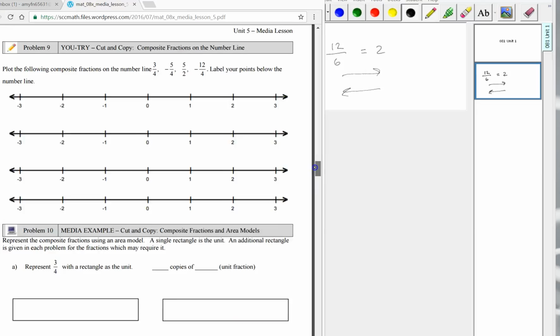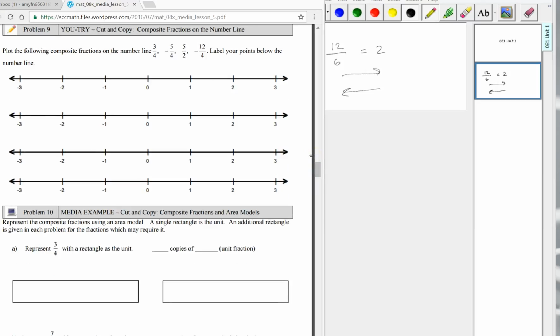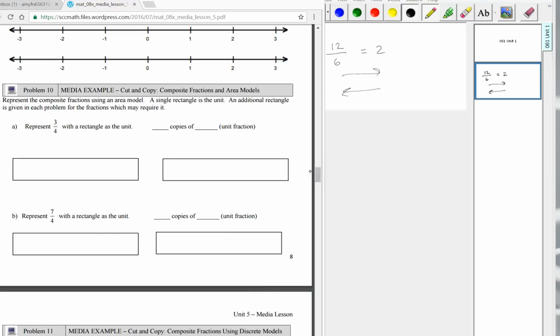So the first one, we had number lines, and again, this idea of multiple representations, so the number lines are continuous. Here we have area models, and again, notice that we always define what the unit is in every case, and in this case, a single rectangle is the unit. So they may need this one if it's greater than 1, and they might not.